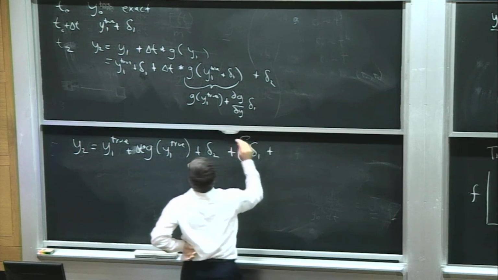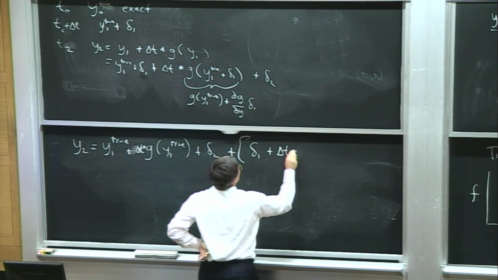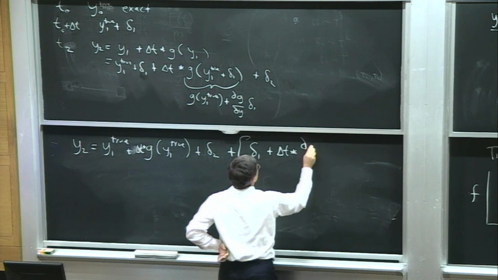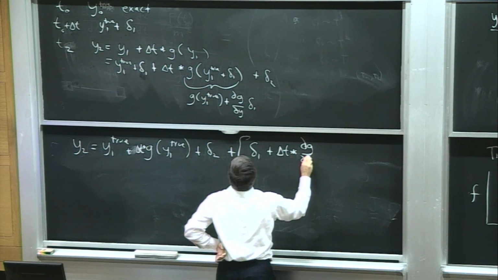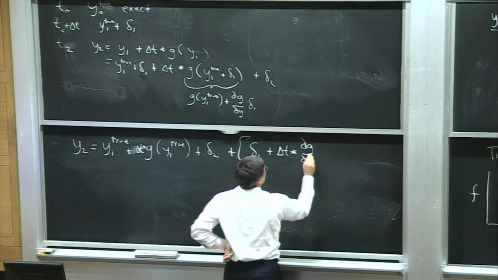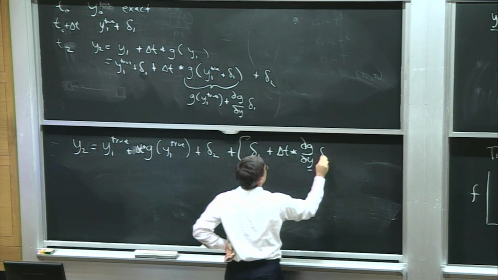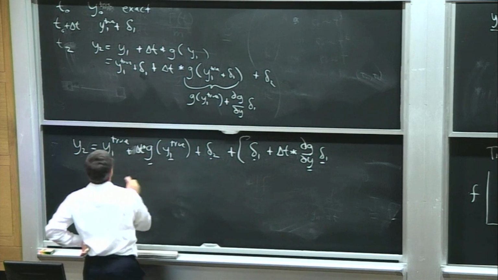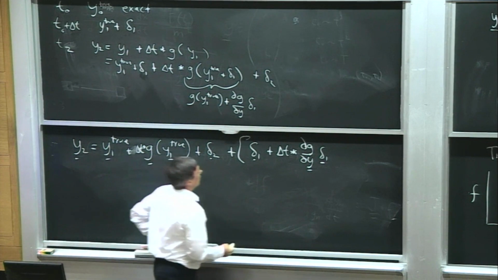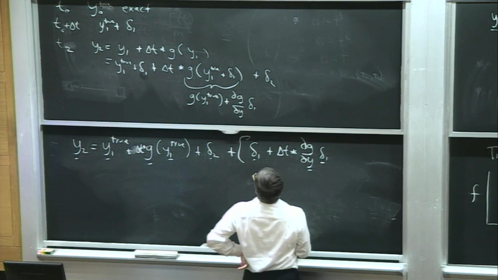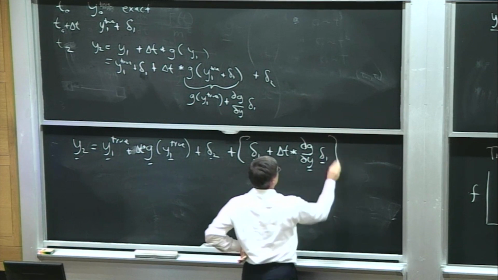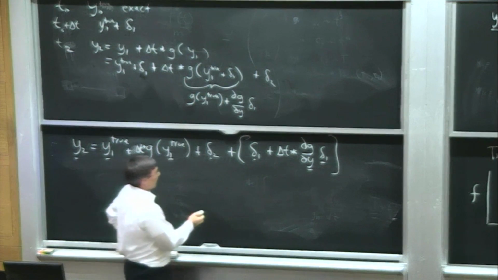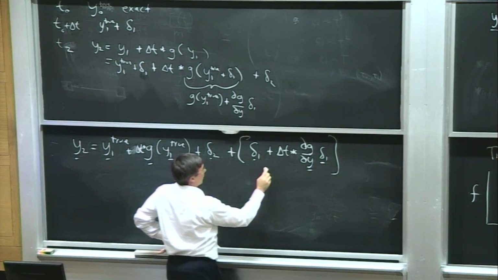And then we have delta T times dG/dY times delta 1. I'll emphasize these are all vectors. We only keep the first order. So what is this thing? This is a matrix.